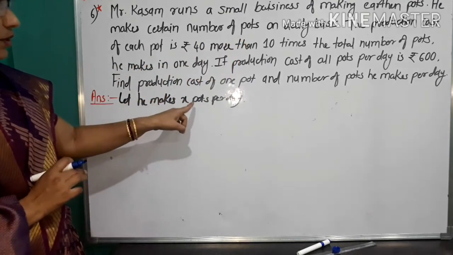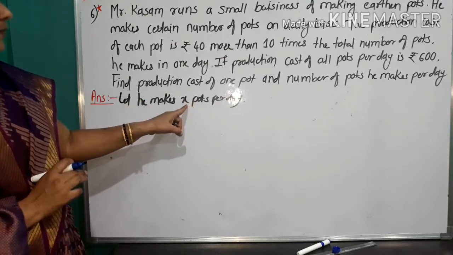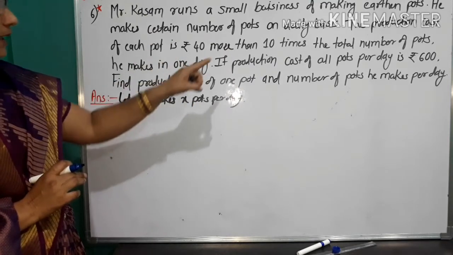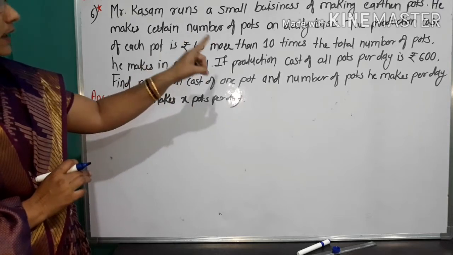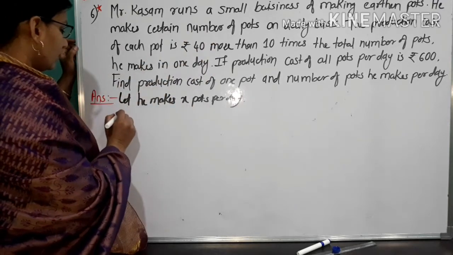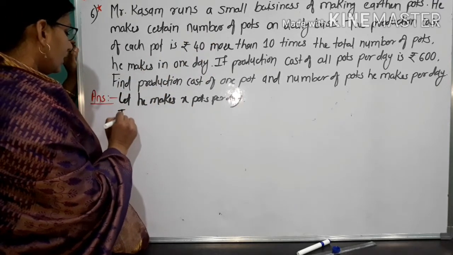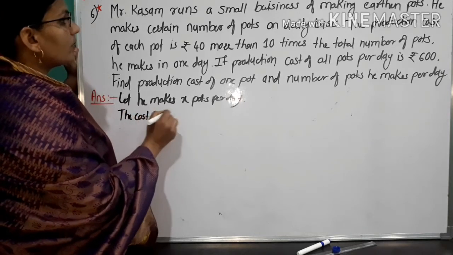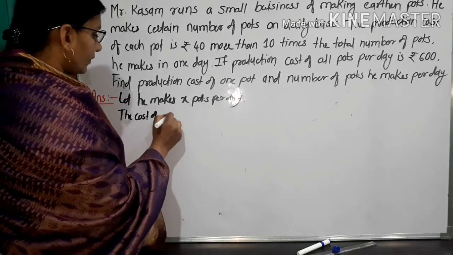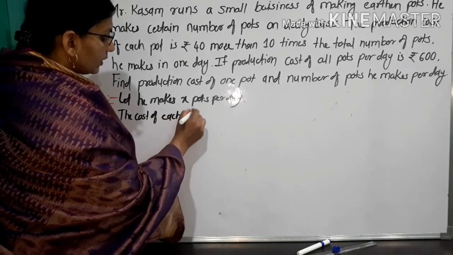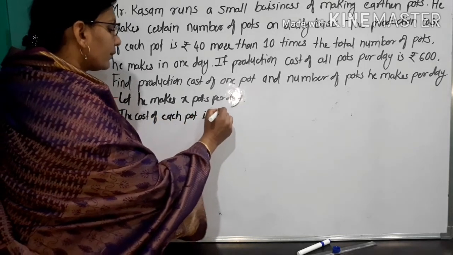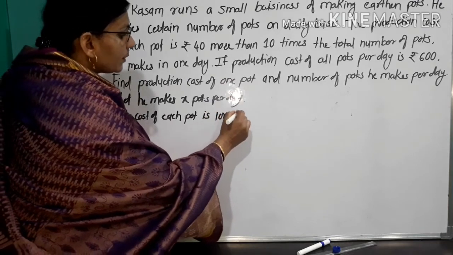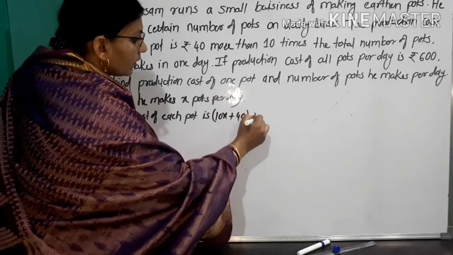The total number of pots is x, 10 times that, and 40 more than 10 times the number of pots means 10x plus 40. So the cost of each pot is 10x plus 40 rupees.